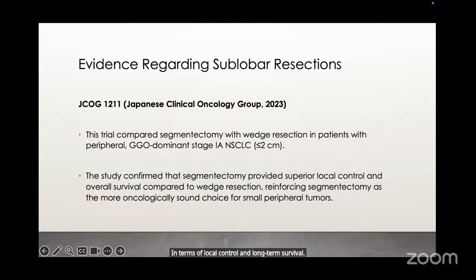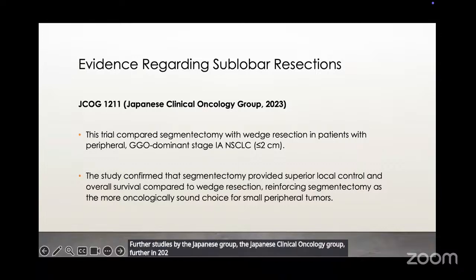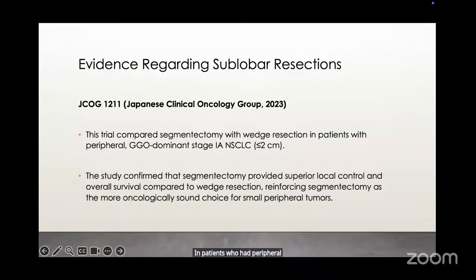Further studies by the Japanese Clinical Oncology Group, further in 2023, went on to do another trial which compared segmentectomy with wedge resection in patients who had peripheral ground glass opacification dominant stage 1A non-small cell lung cancer, again sizes less than or equal to 2 centimeters.